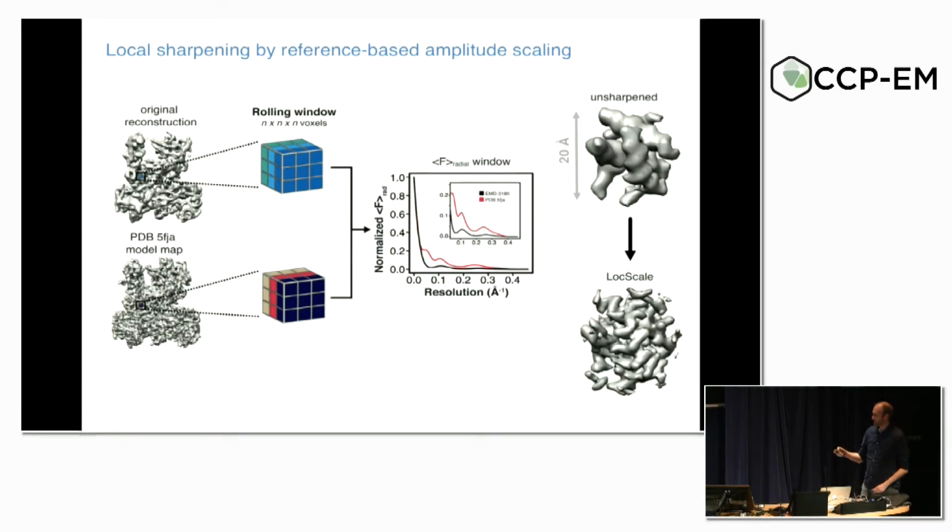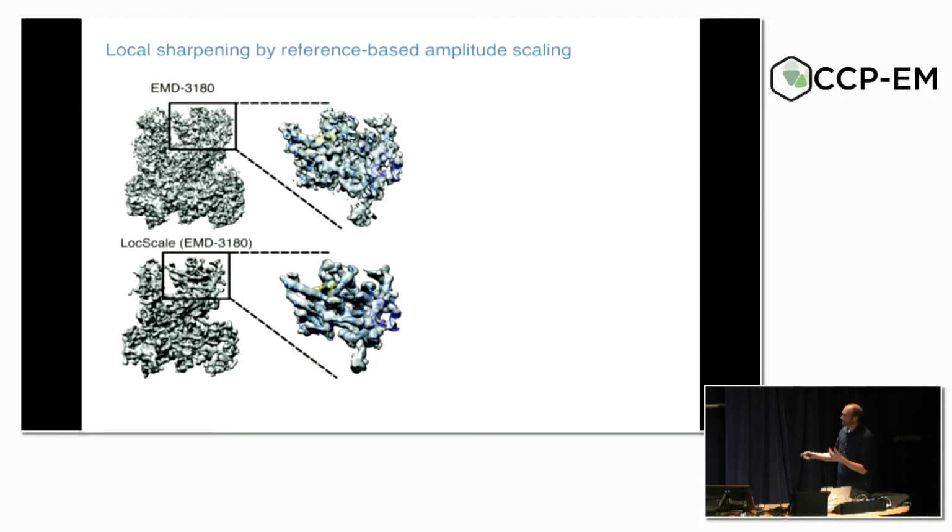So these cubes differ a little bit depending on the resolution of your map, but typically they're about 20 to 30 angstrom wide. And this is one of these unsharpened density cubes from your original map, and this is what happens if you sharpen this. And that's basically you move this through the entire 3D reconstruction. This is the result that you get.